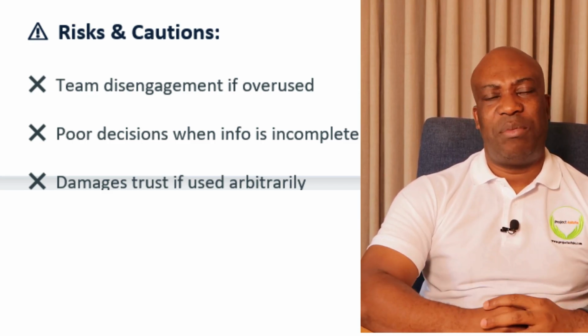People will lose trust in that process altogether. It's not something that you can always apply. Remember, if you're a project manager, you should always be facilitating and you should allow the team members to decide or to take the route that you think is the best for the project.